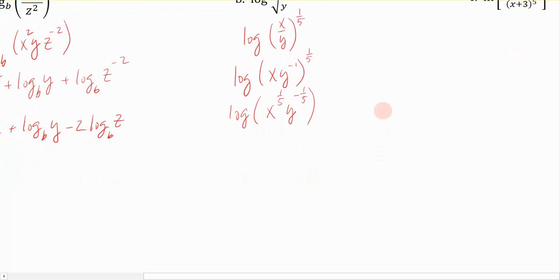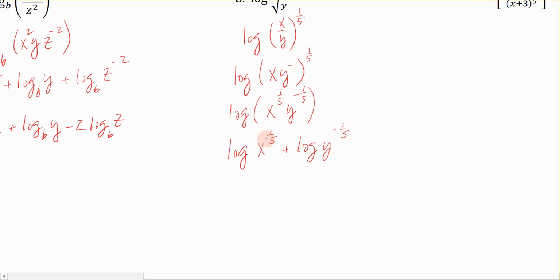And now I have this simplified version of our argument so that I can apply the product rule. So I have two terms in the argument. This is going to separate out into the log of the first term, x to the 1/5, plus the log of the second term, y to the negative 1/5.